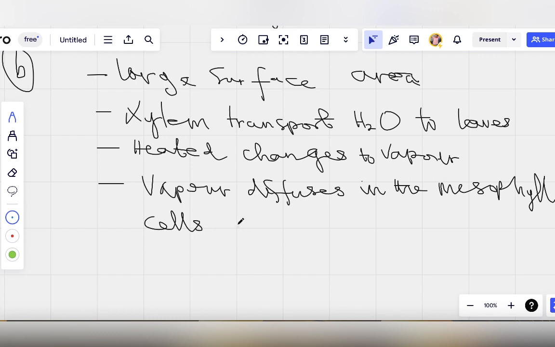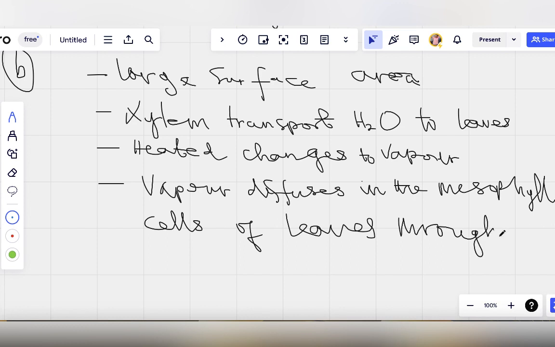Then, continue the sentence, through the guard cells, or you make this one a new point.